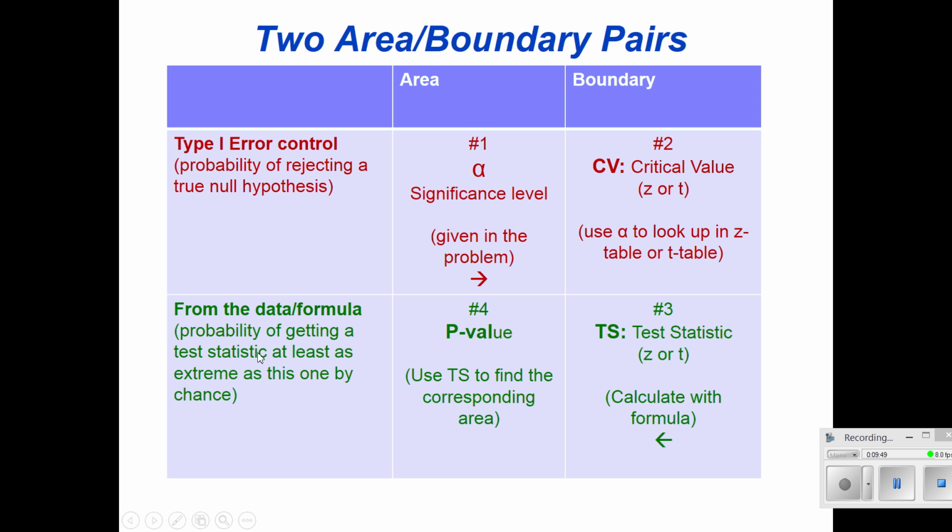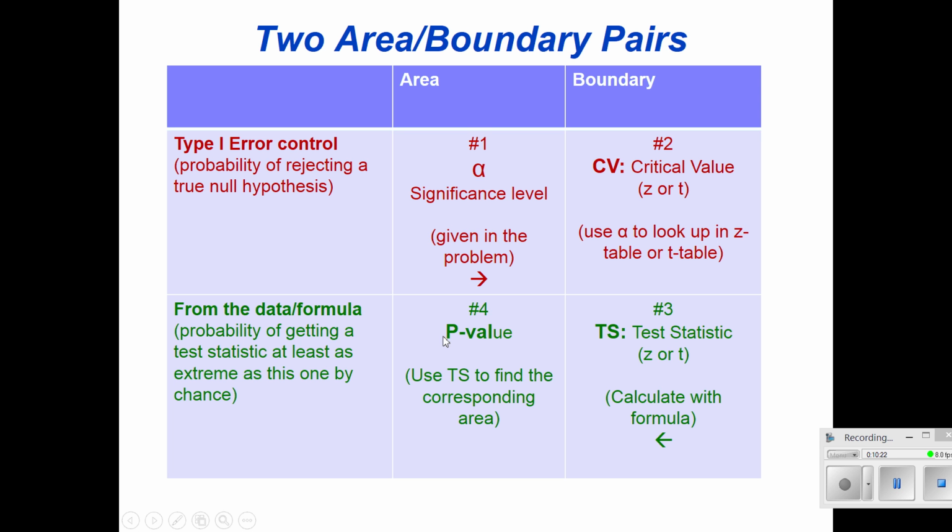We also have a pair that comes from the data, and we use a formula to create a test statistic that can be compared with the critical value. So the critical value will be a z-score or a t-score, so your test statistic will need to be a z-score or a t-score as well in order for you to be able to compare them. So we take our sample statistic, we turn it into a z-score or t-score, and then we compare it with that critical value. Also, we can use that boundary to figure out what the area is that's attached to it.